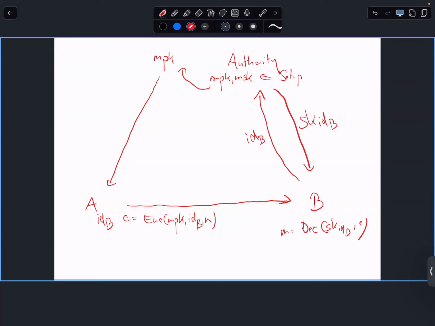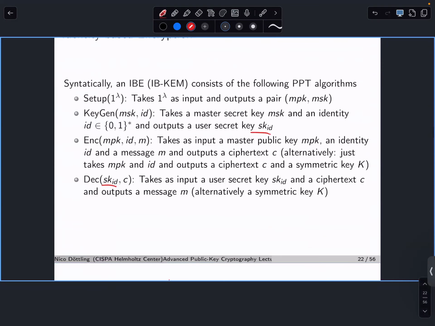So even if you were lazy, if you forgot to register your identity and people already started sending you encrypted messages, it is not an issue, because these algorithms don't require that you do the keygen before the enc. The enc just takes the master public key, and the master public key does not change when I generate a key.